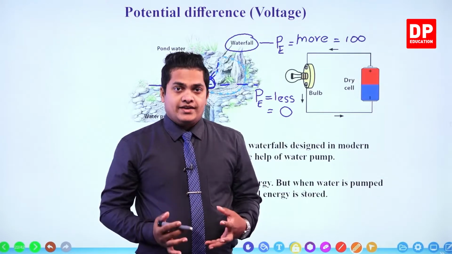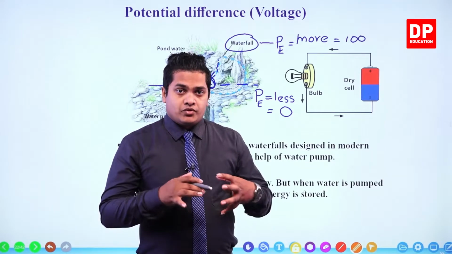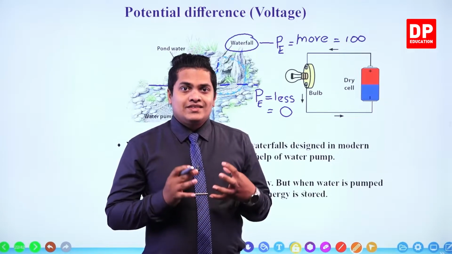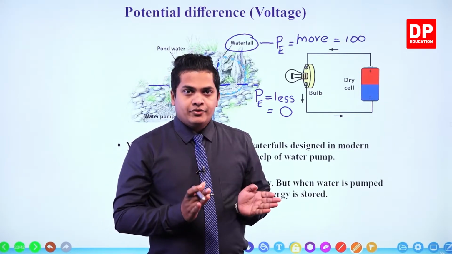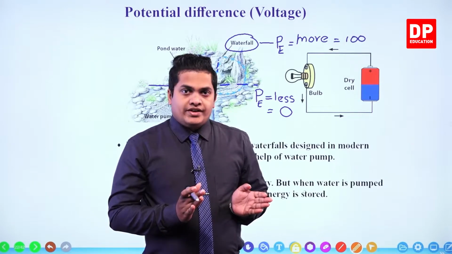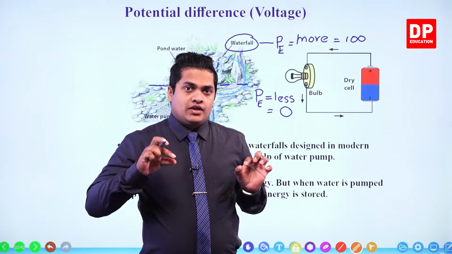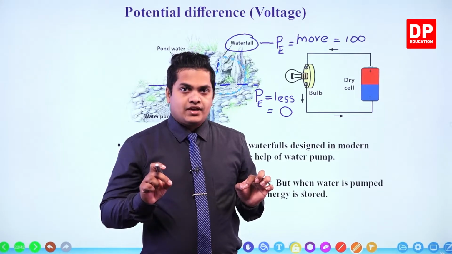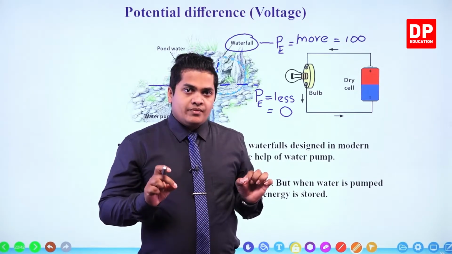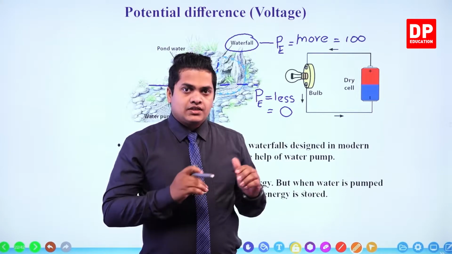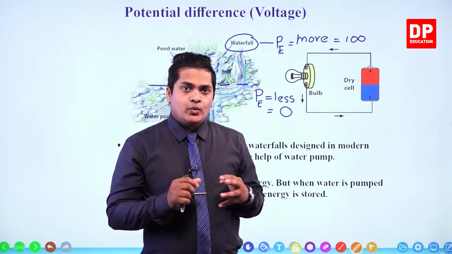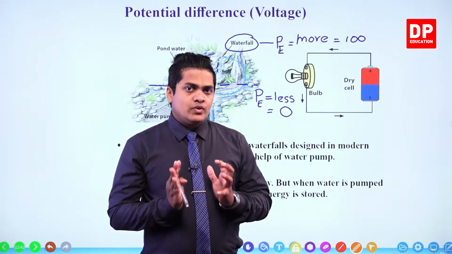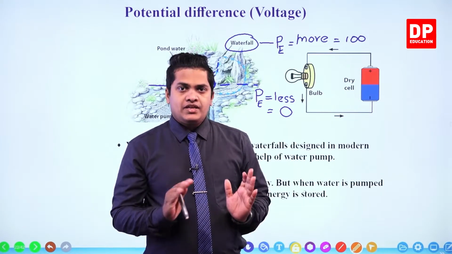If you take a certain electric source, there is a positive terminal and a negative terminal. These two terminals should have a considerable difference between their charges. Otherwise, the charges will not flow from one place to another.